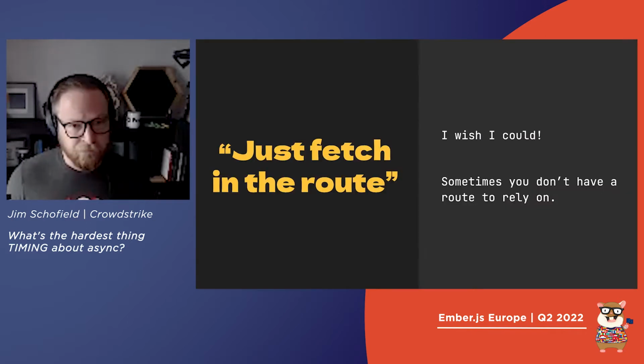The first thing that people tell me when I talk about this is, well, you just fetch it in the root. I wish I could, and sometimes there's instances where you just can't. My components have to rely on just being placed anywhere and fetching what they need. They don't have access to the model in the root.